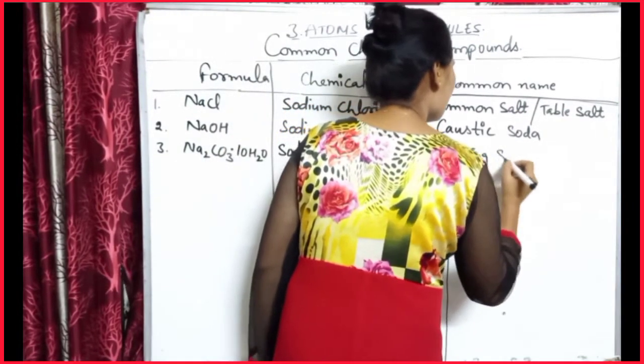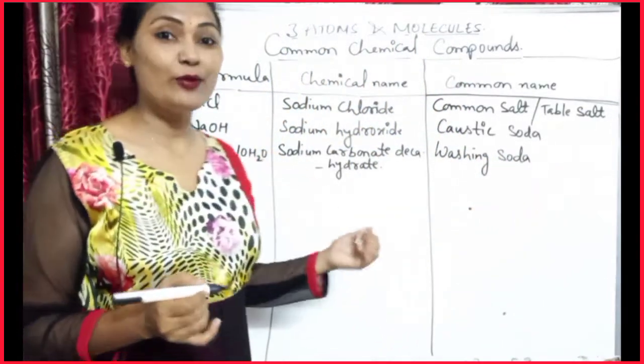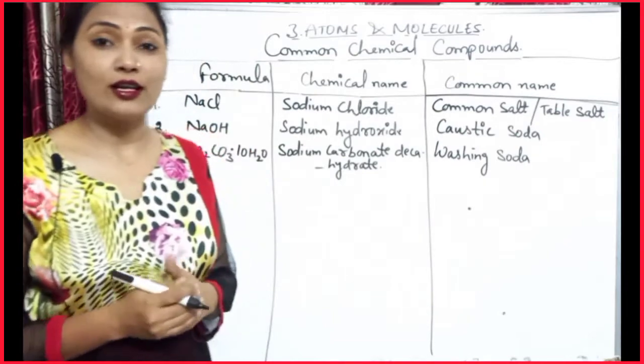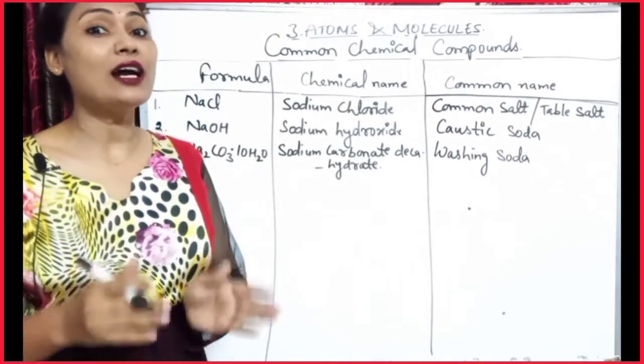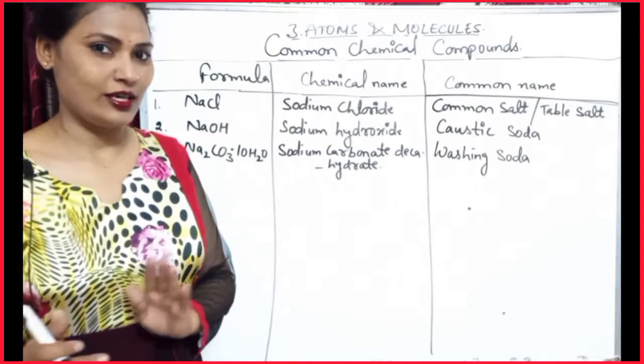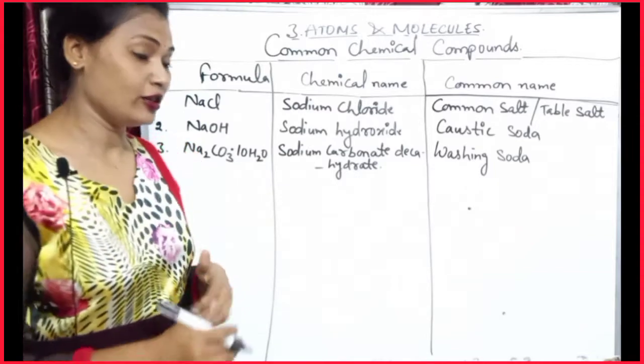Washing soda. But if you remove these 10 molecules of water, then it becomes soda ash, anhydrous sodium carbonate. Anhydrous means without water, and with water it is hydrated or hydrous.